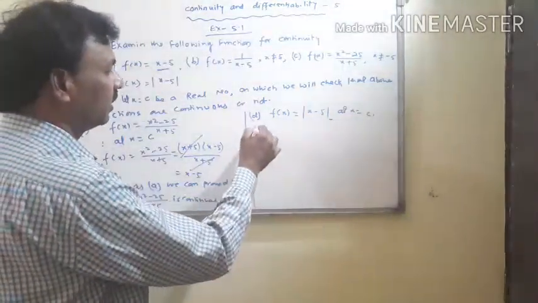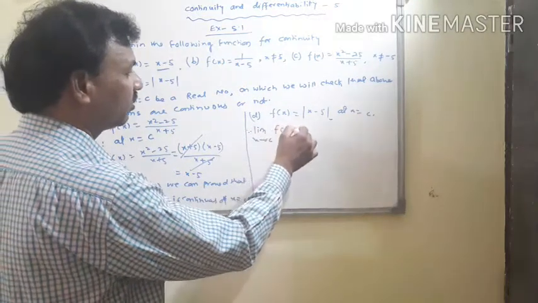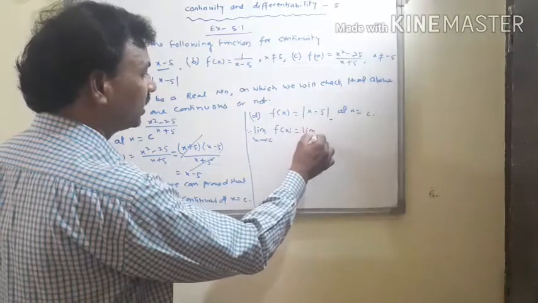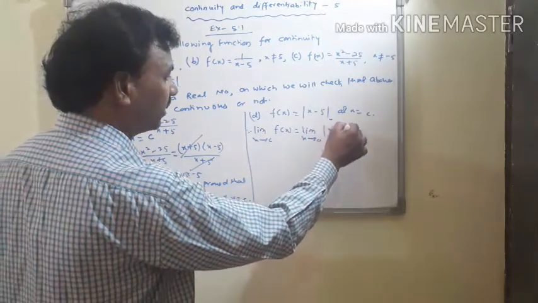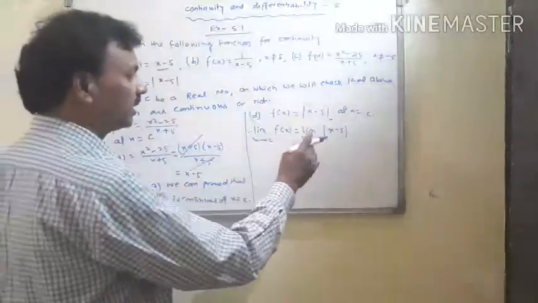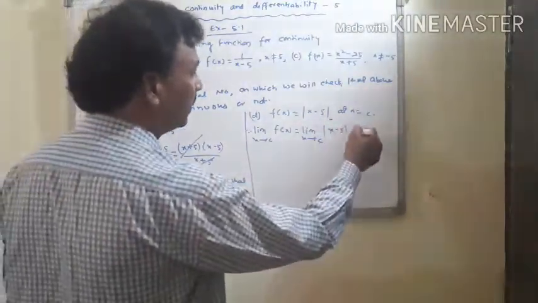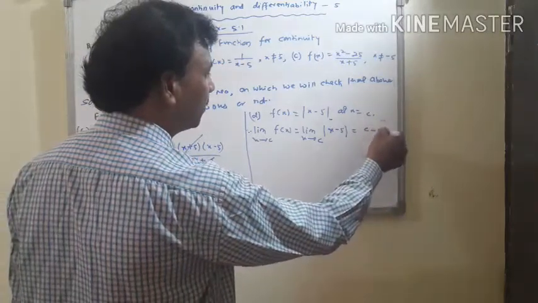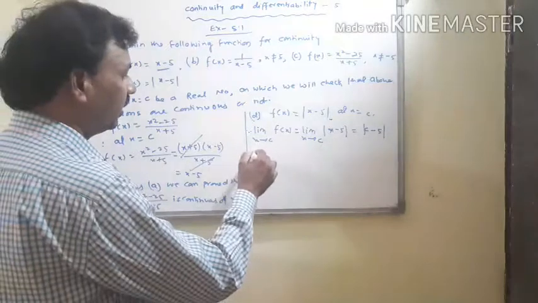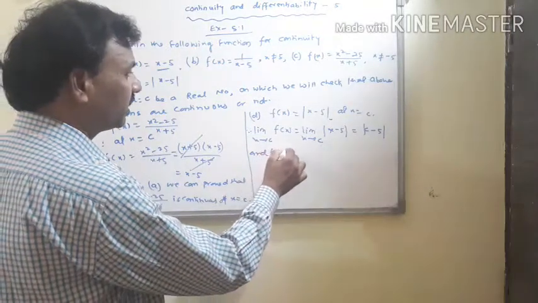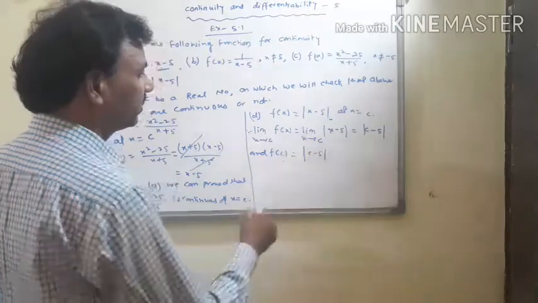Therefore, limit x tends to c f of x equals limit x tends to c modulus of x minus 5, and if we transfer this limit, as x tends to c, it will be modulus of c minus 5. And f of c is also modulus of c minus 5.